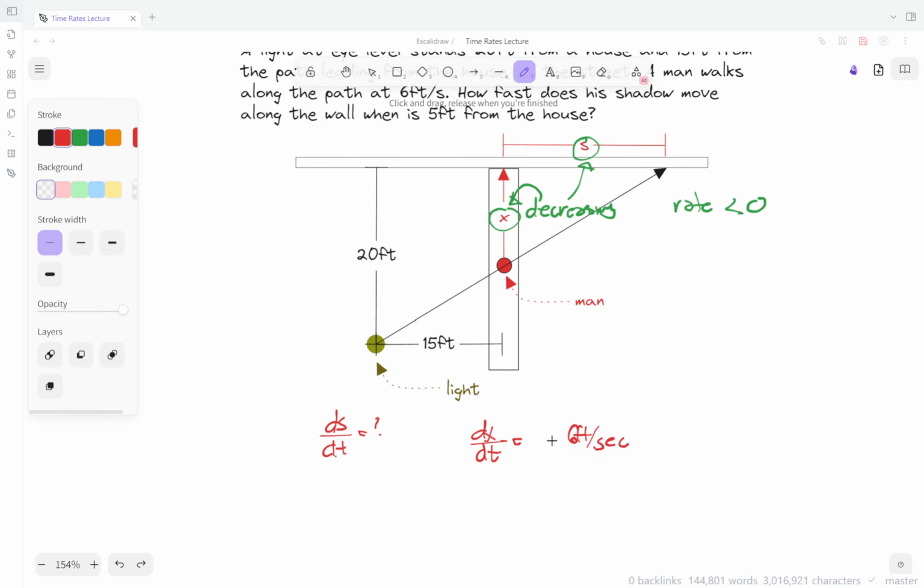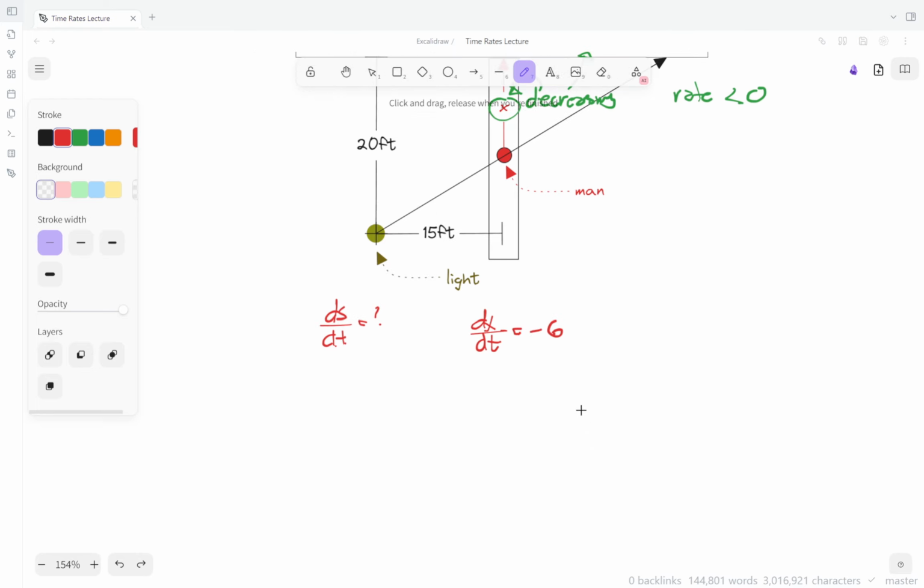But remember, x, the variable representing the person's distance from the wall, is decreasing. So you have to be careful with the rate that we specify. It's not just 6, but negative 6. Sorry for that, that's a mix-up.